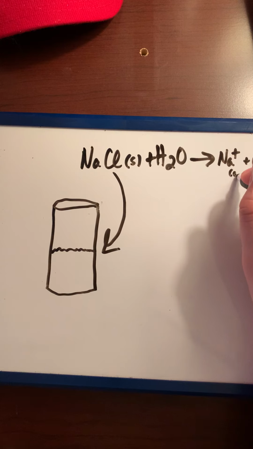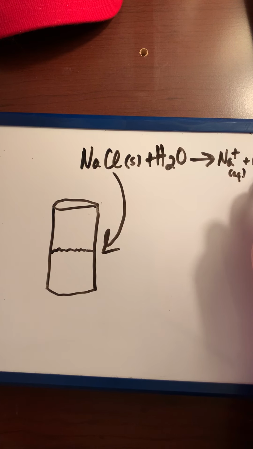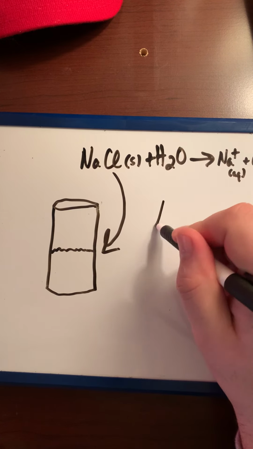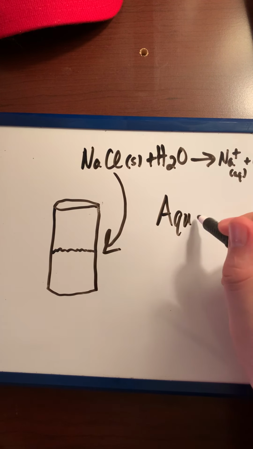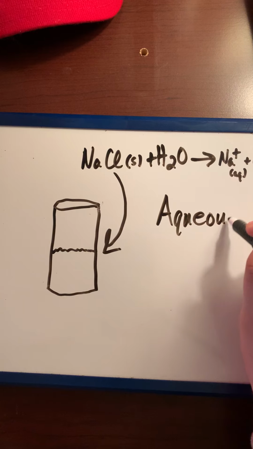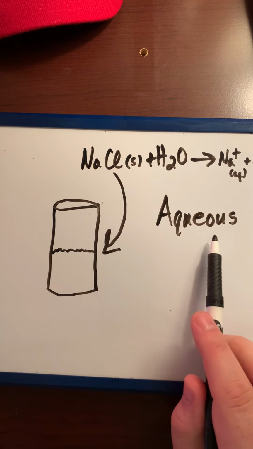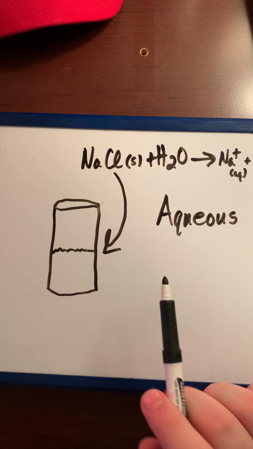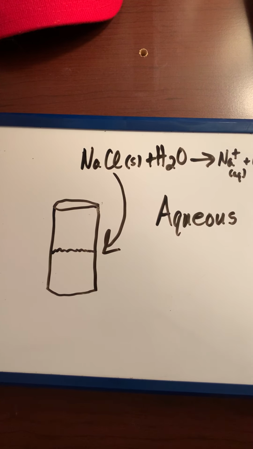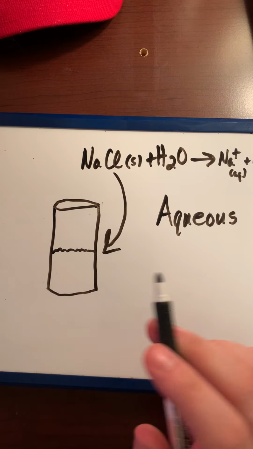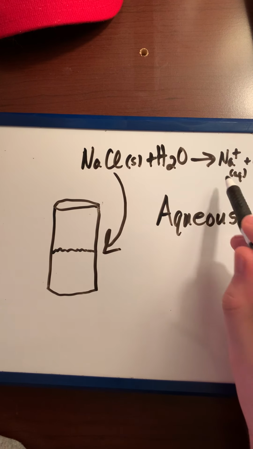Both of these are what we call aqueous. So aqueous means in solution. If you're wondering how that's spelled, aqueous. This would be a very good Scrabble word. Seven letters, pretty solid.